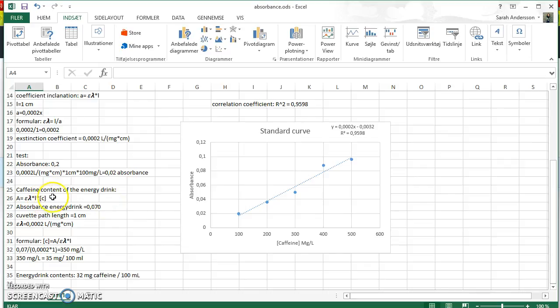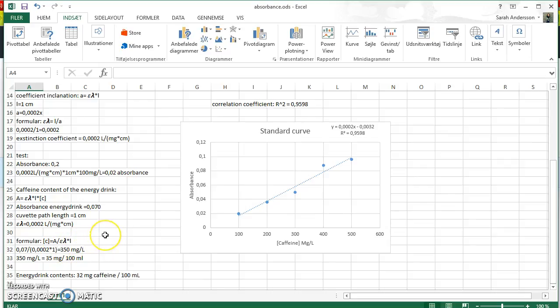Further down we have the calculations of the caffeine content in the energy drink, where we have Lambert-Beer's law again, and we have rewritten the formula so that the concentration equals the absorbance over epsilon lambda multiplied by the path length.